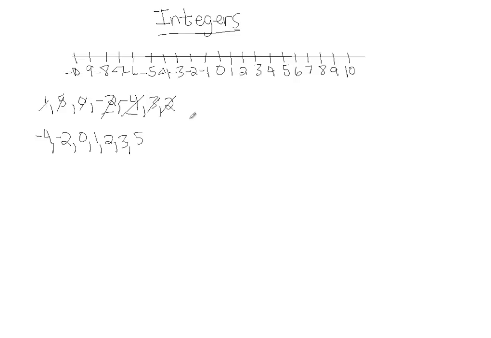Let's do another example. We're going to order from least to greatest the following numbers. We have an 8, a -8, a 4, -4, -2, -5, and 6. We want to order these from least to greatest.